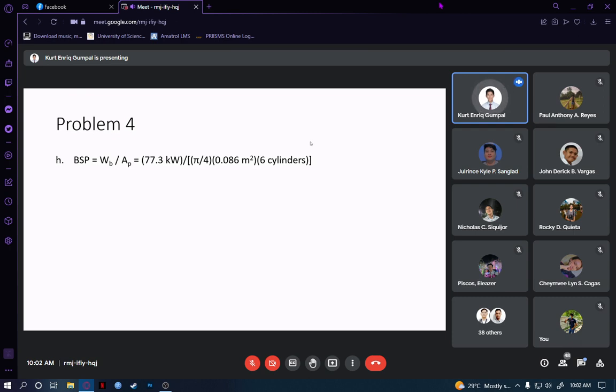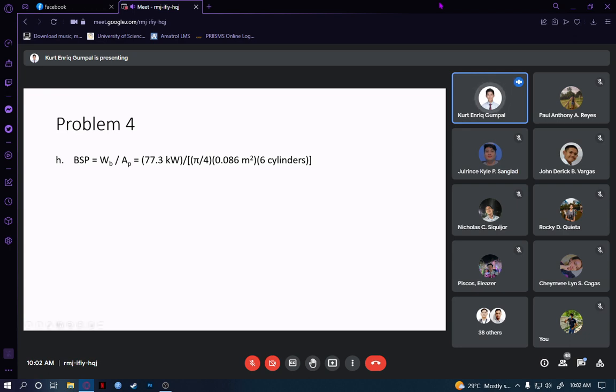Now we have to total it to get the specific power per piston. So that is pi over 4 times your bore, 0.086 meters, squared, and then your 6 cylinders.